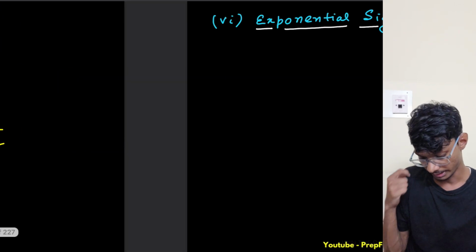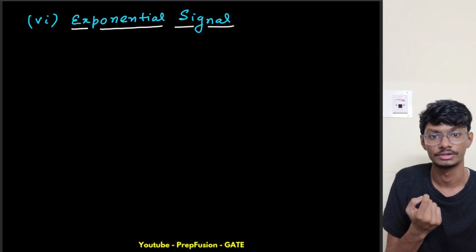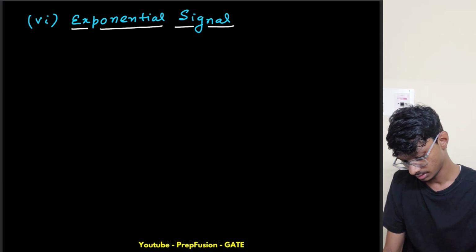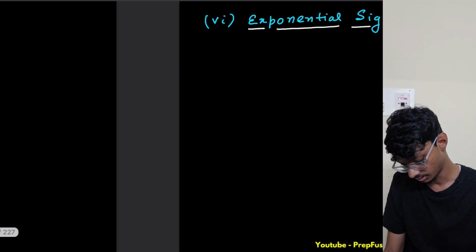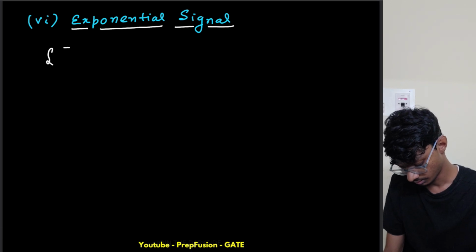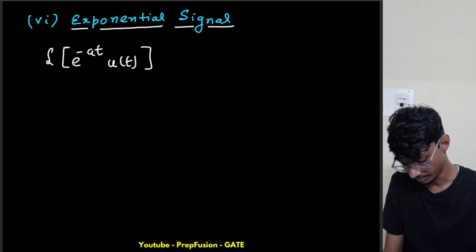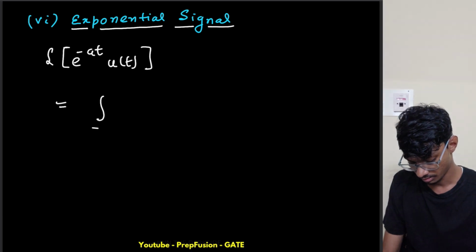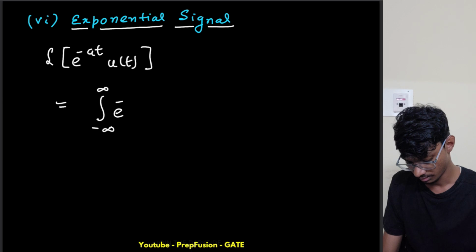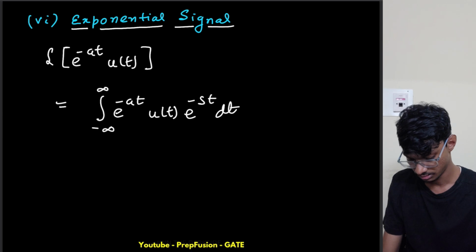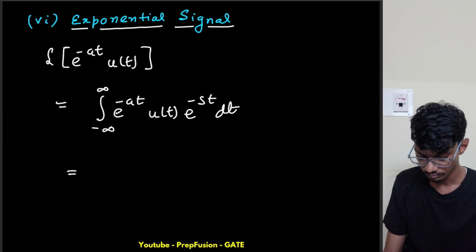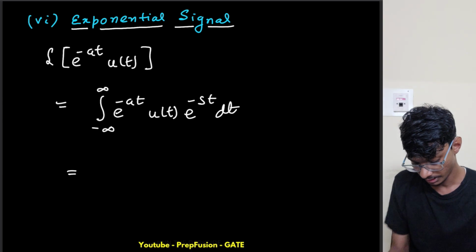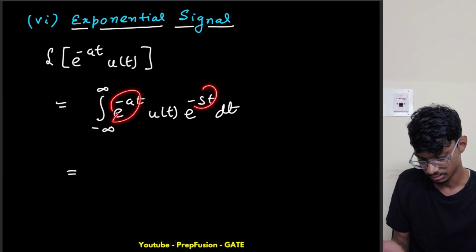Another important formula is the Laplace transform of an exponential signal. For an exponential signal, this one I will prove. The integral from minus infinity to infinity of e raised to power minus a t, u of t, times e raised to power minus s t dt. Basically with exponentials, the powers get added up.